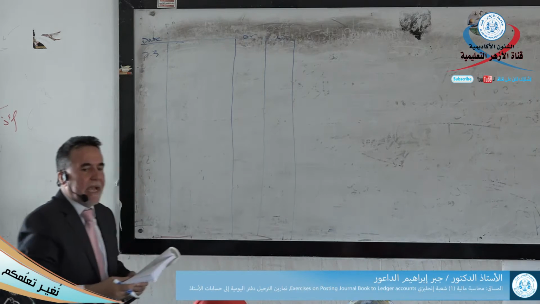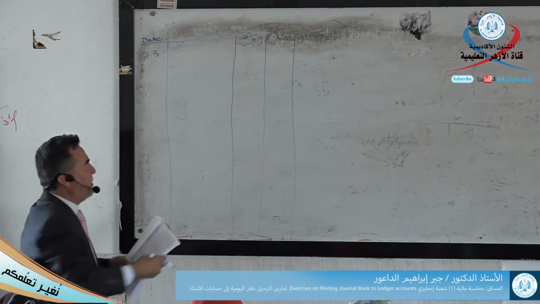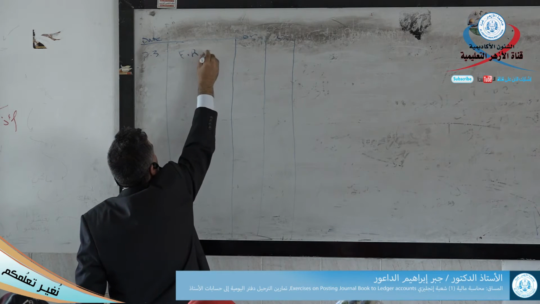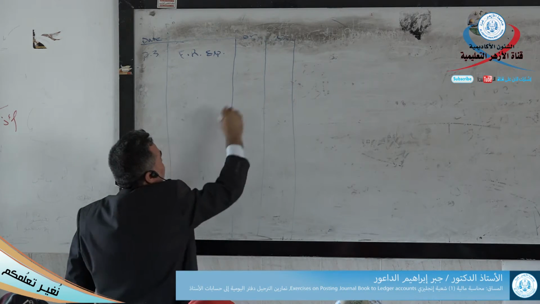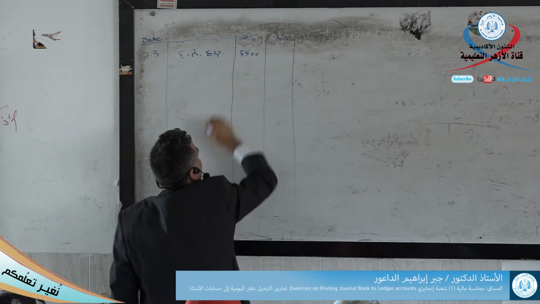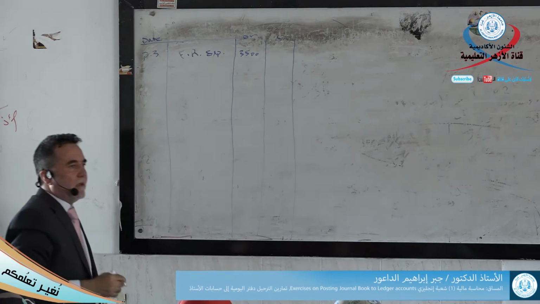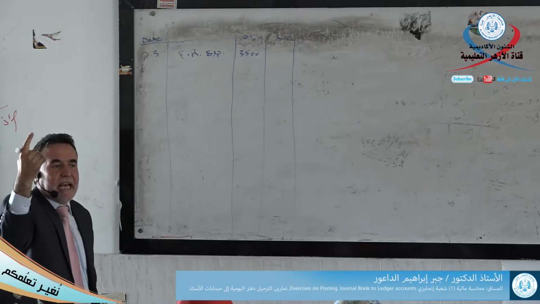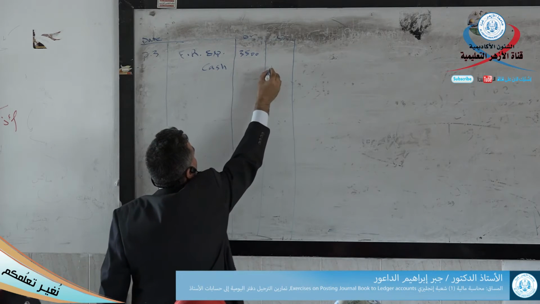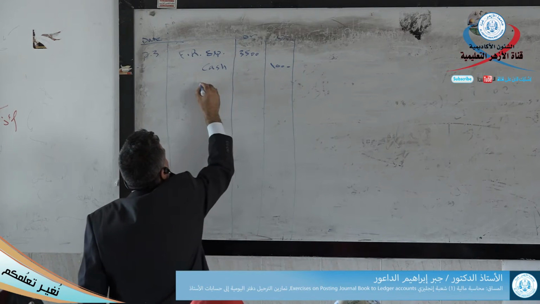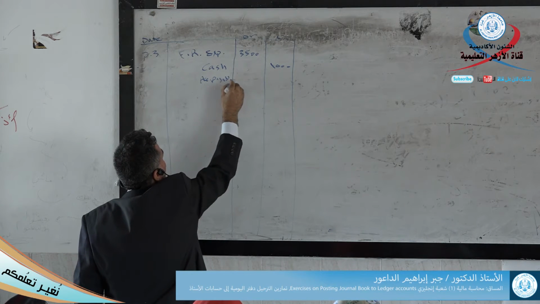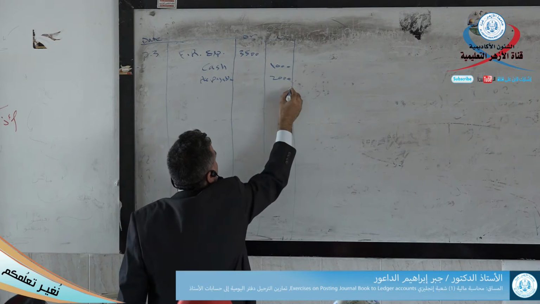So the entry will be rental expense or film rent expense 3,500, to cash 1,500, accounts payable 2,000.